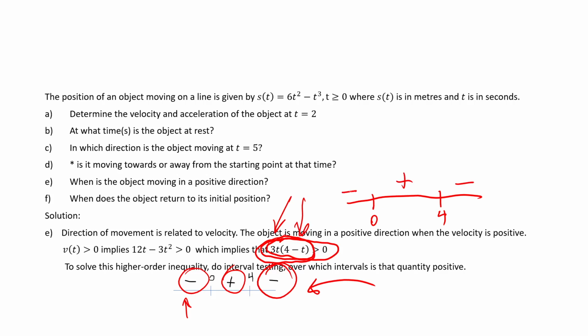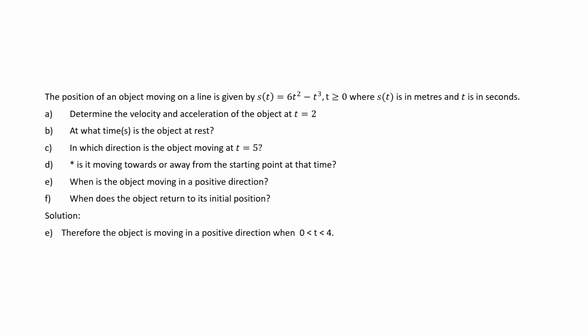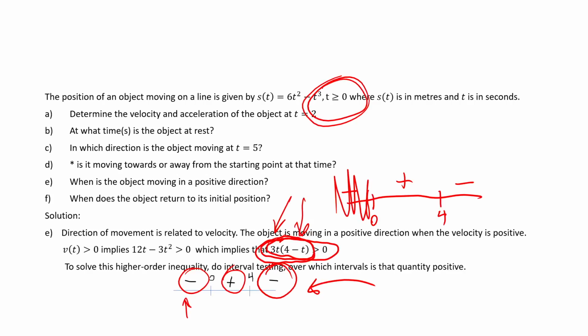Now, to be honest with you, we know t has to be greater than or equal to 0 for a couple of reasons. One, common sense. T is referring to time. But two, it actually says it here. So we're not even going to really consider that interval at all. And so we can see that our object is moving in a positive direction in this interval right here, in between the 0 and the 4.